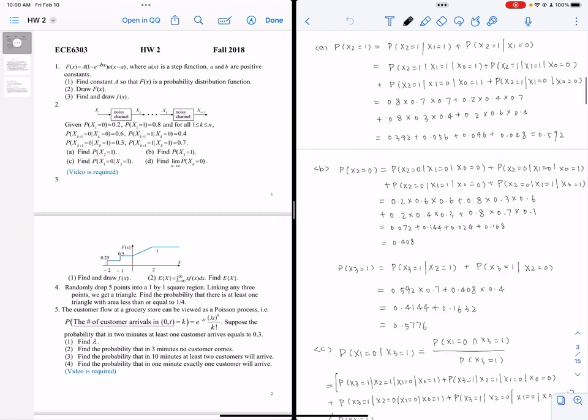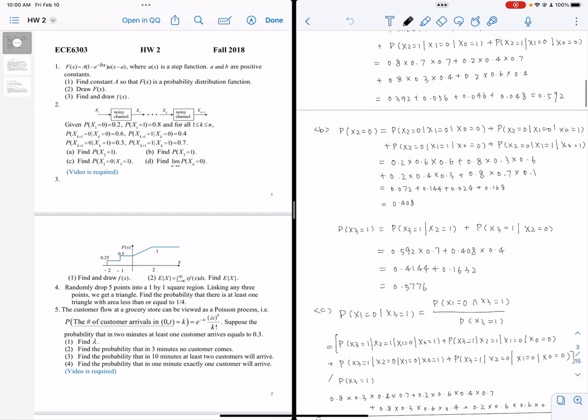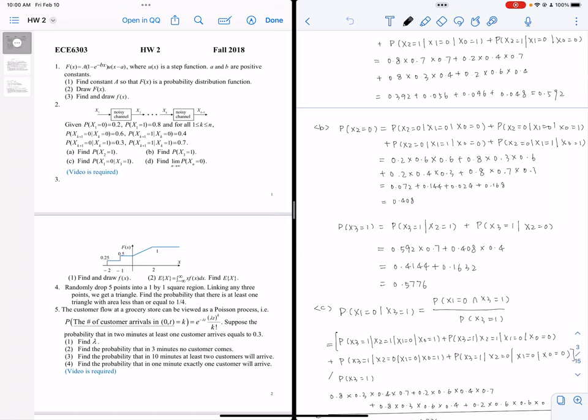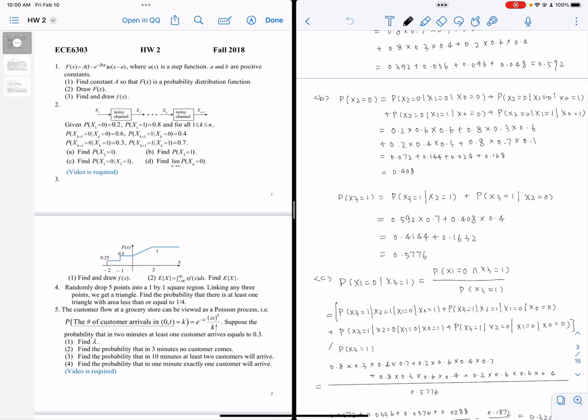We can see 0.408 plus 0.592 gives us 1, which is correct. From here, the probability when x3 equals 1 can come from the last status being 1 or 0, and then we get 0.5776.